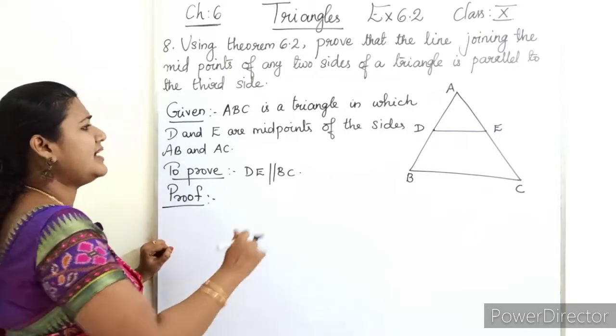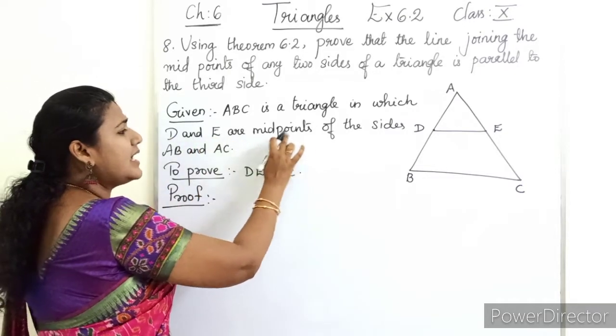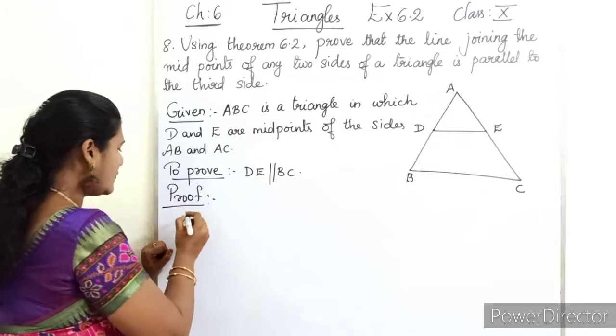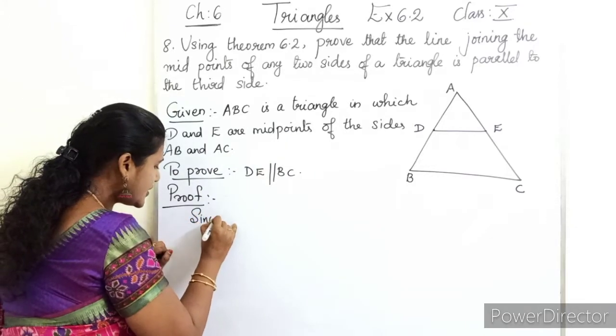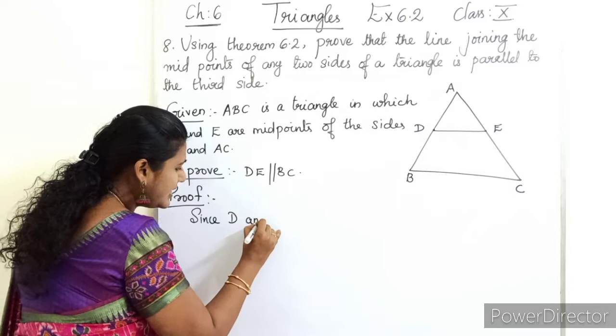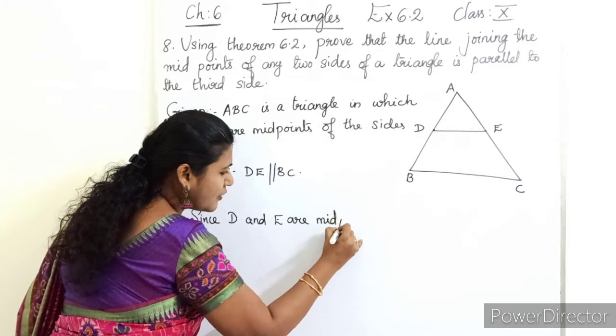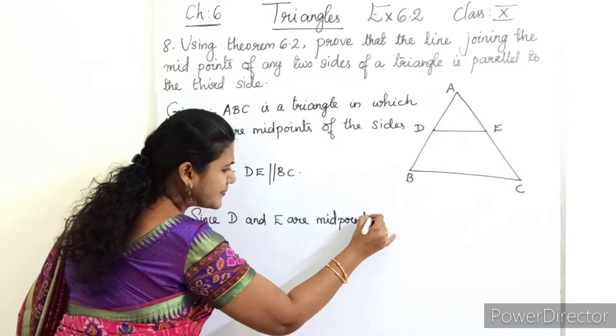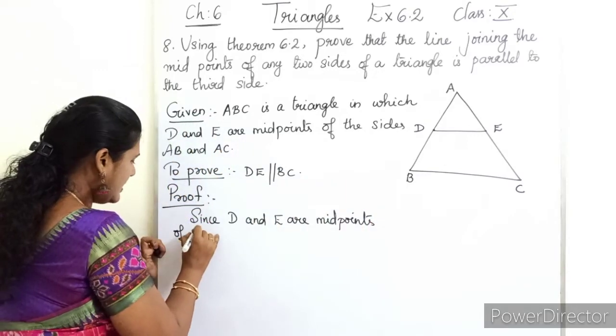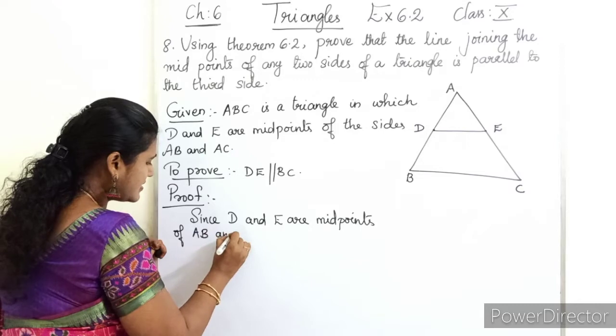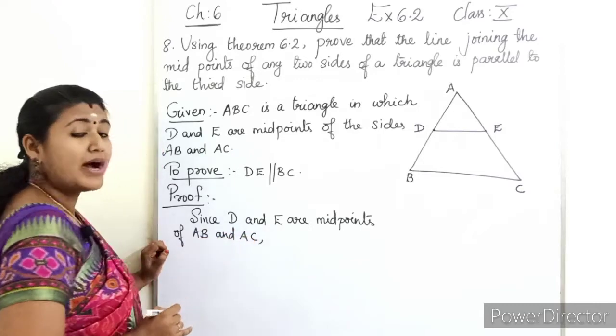It is given that the points D and E are midpoints of the sides. Okay, so we will start with that condition. Since D and E are midpoints of AB and AC, what we can write?